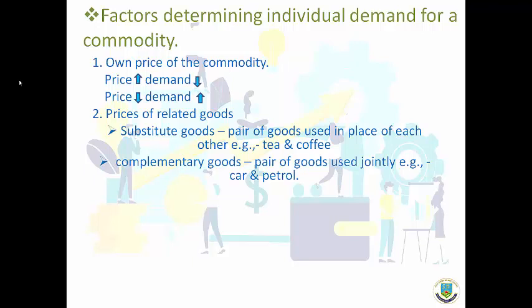So if the price of coffee becomes cheaper, consumers will substitute coffee for tea, and as a result, the demand for tea declines. Likewise, if the price of coffee increases, consumers will substitute tea, and as a result, the demand for tea increases.